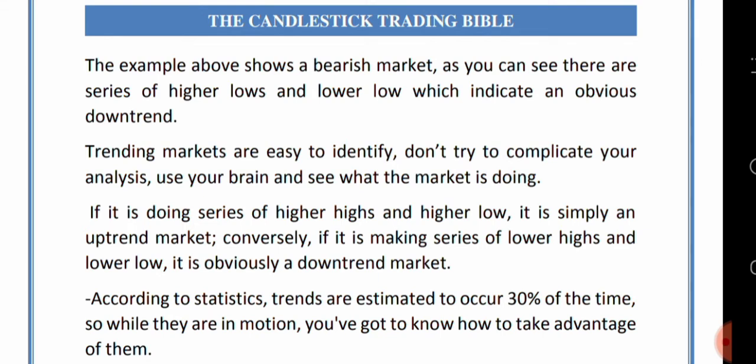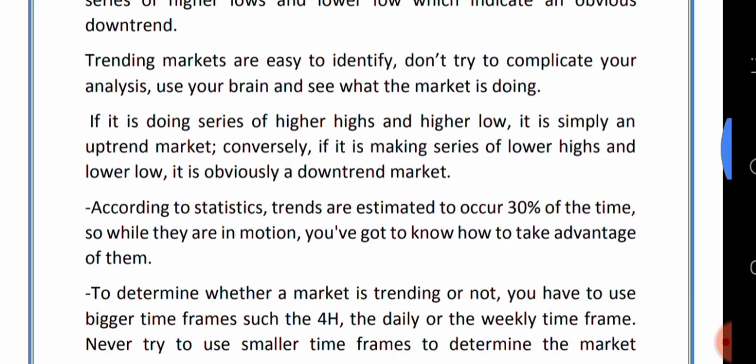So you have to know how to take advantage of these situations, because this is where we make our money on Crash and Boom. I've used my knowledge of trending markets to make a lot from trading on Crash and Boom.